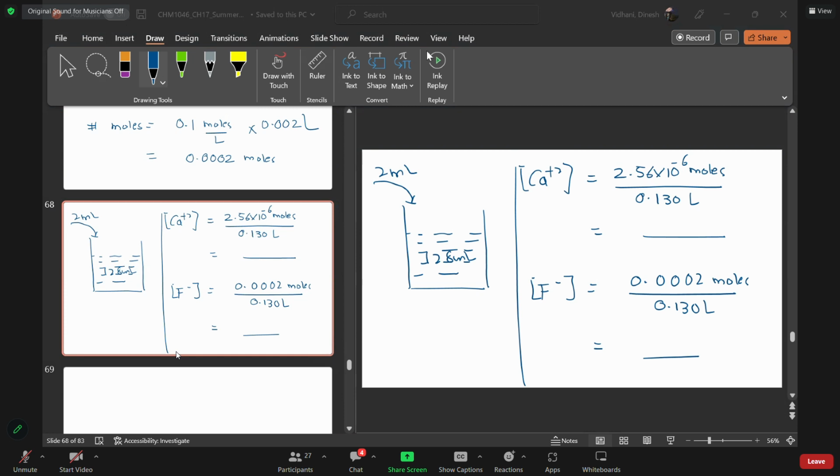Roberto, here we are not doing M1 V1 equals M2 V2. We are simply doing one part. Molarity multiplied by volume gives you the number of moles individually for each one of them. Okay, so what do we have for calcium ions?